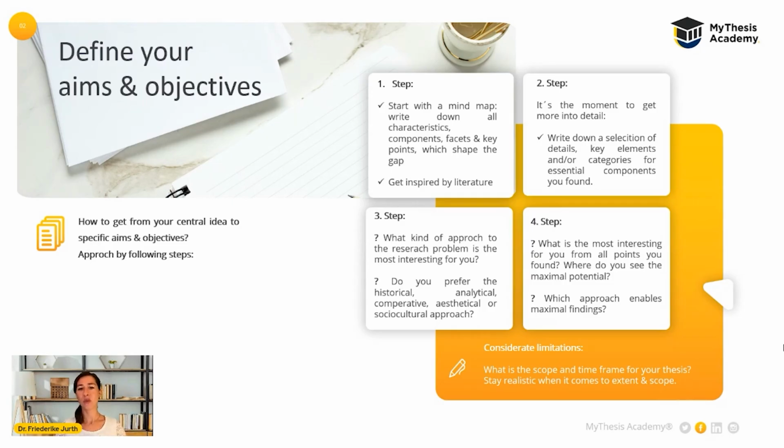But at the end, you have to think carefully of what is feasible and realistic to reach with your thesis, with the scope of your thesis, and also with the time frame.